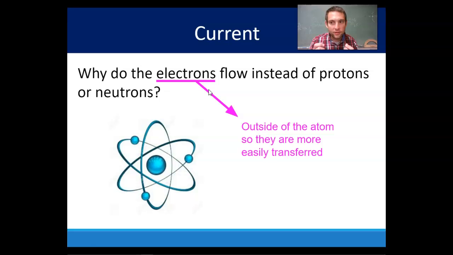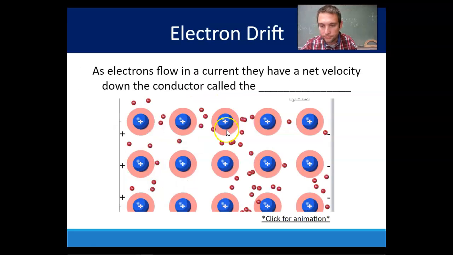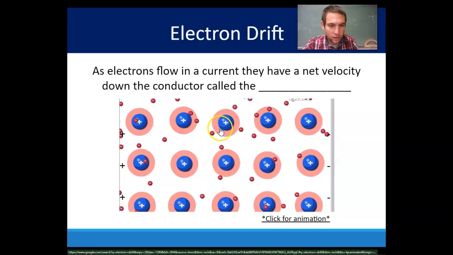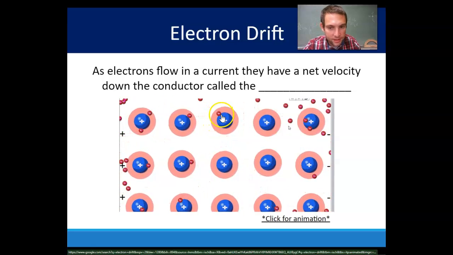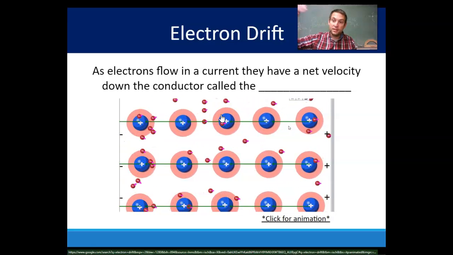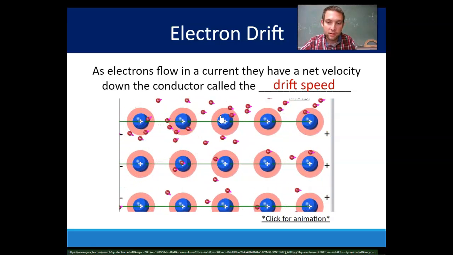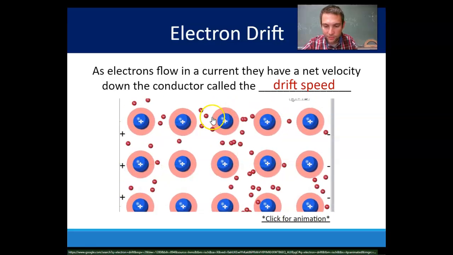That's a lot of energy. Electrons, meanwhile, can jump from empty valence shell to empty valence shell down a conductor. So they're easily transmitted. As electrons flow in a current, they have a net velocity down the conductor. As they're jumping down these valence shells, they have a speed, the drift speed.